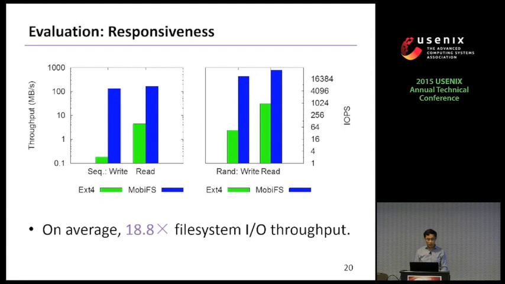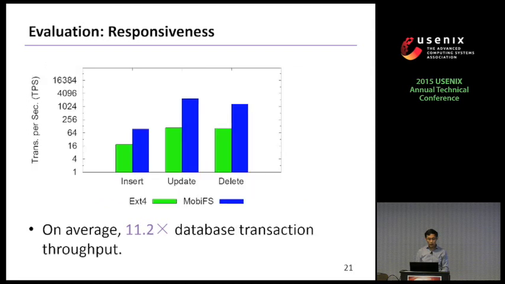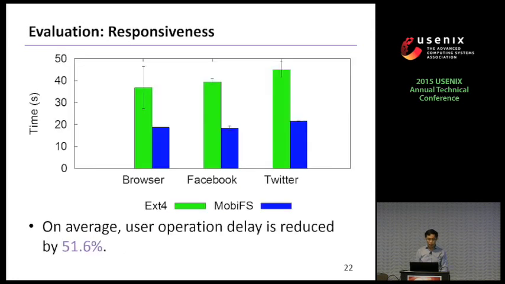And we can see that on average, the file system I/O throughput is improved by 18.8 times. And if we run a benchmark on a database, the transaction throughput is improved by 11.2 times.